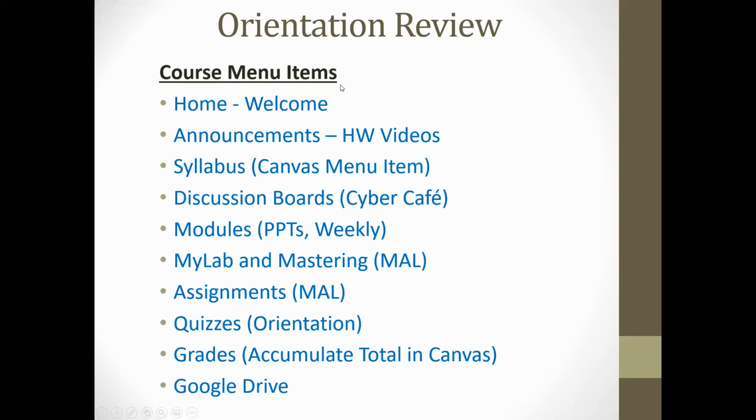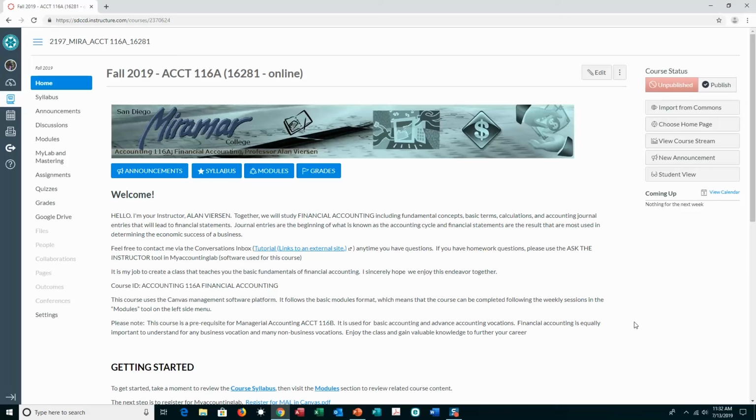Okay, so here's the course menu items, and we're going to go over and start looking at these one by one. The first course menu item is the home page. And you can see up here that there are 4 links that you can go to these different course items either by clicking here or over here, and a welcome. Now, this is kind of new.